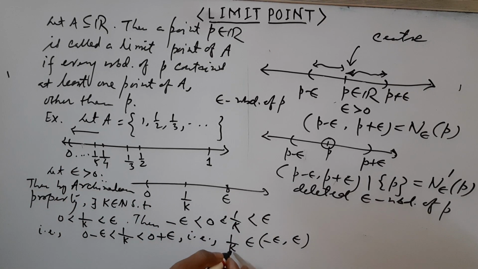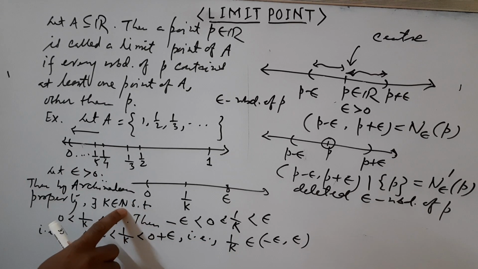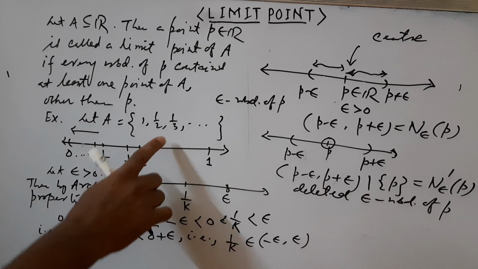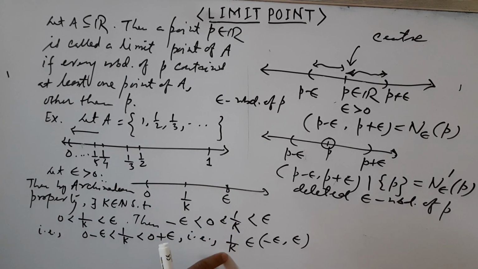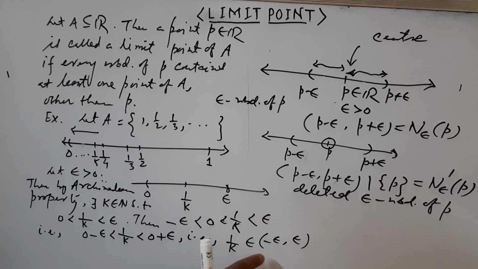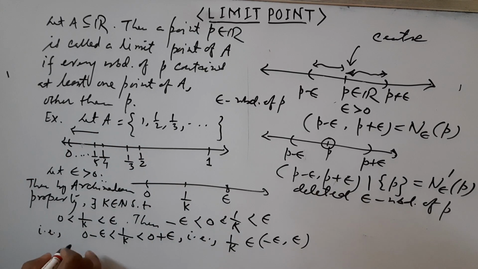Now 1 by k, since k is a natural number, then 1 by k is of the form of the elements of A. So 1 by k is in A, as well as 1 by k is in this neighborhood.